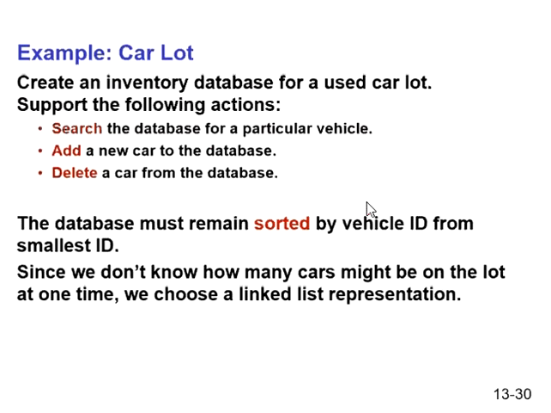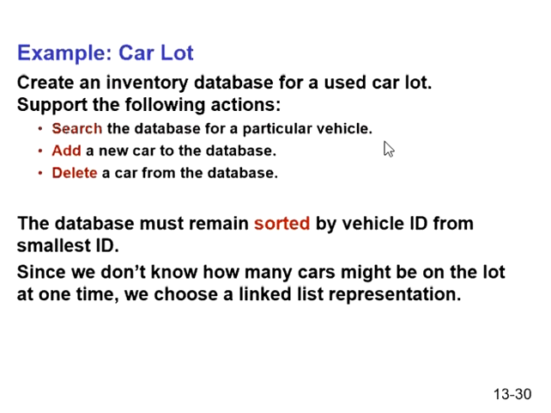For example, you have a car lot. We have to design some functions for working with the linked list of the car lot. For example, we need a function for searching. At that time, we need to search the database for a particular vehicle.